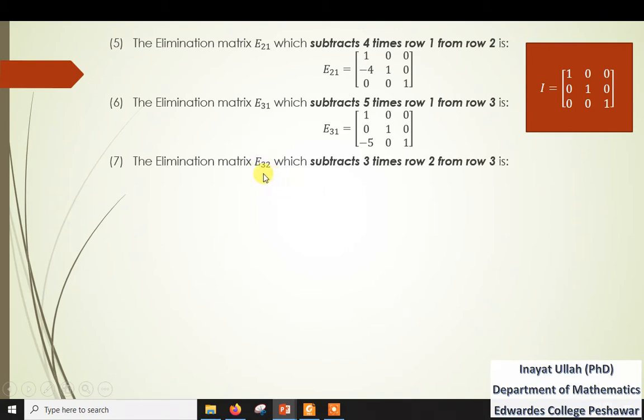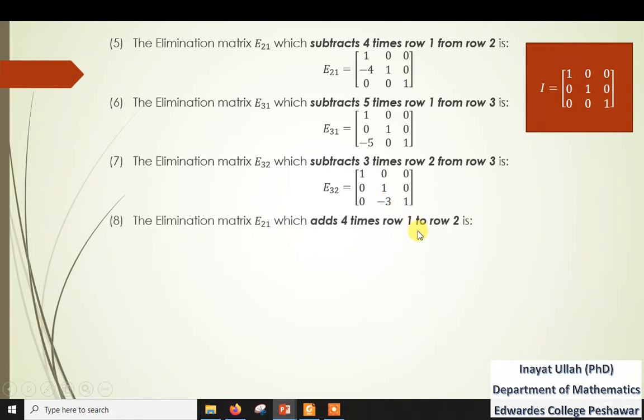It means that changes will occur in row 3, and we will write in row 3 with a negative sign where there is 1 in row 2. Just look at that. In row 3 we have written minus 3 where there is 1 in row 2. Below this 1 there is minus 3.